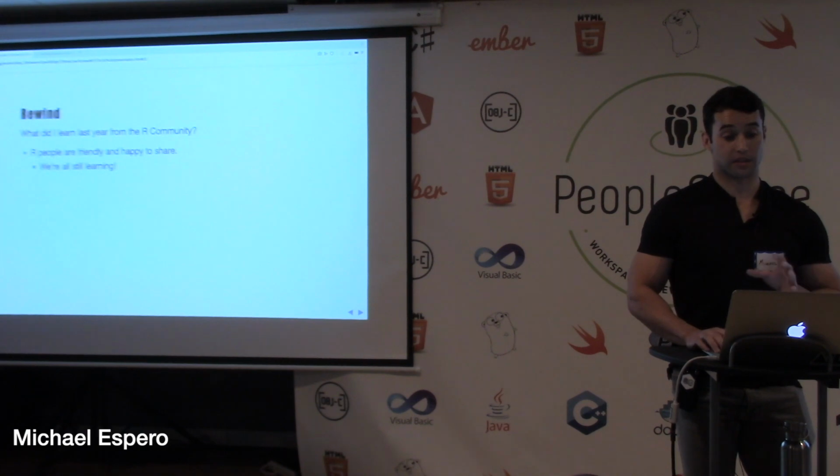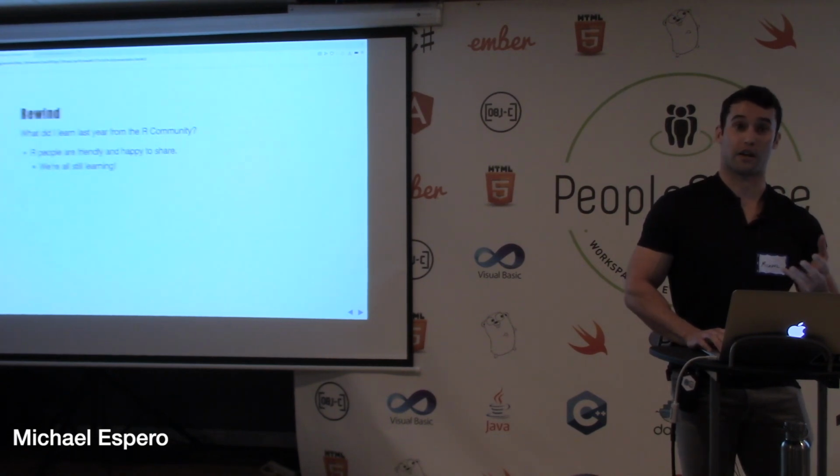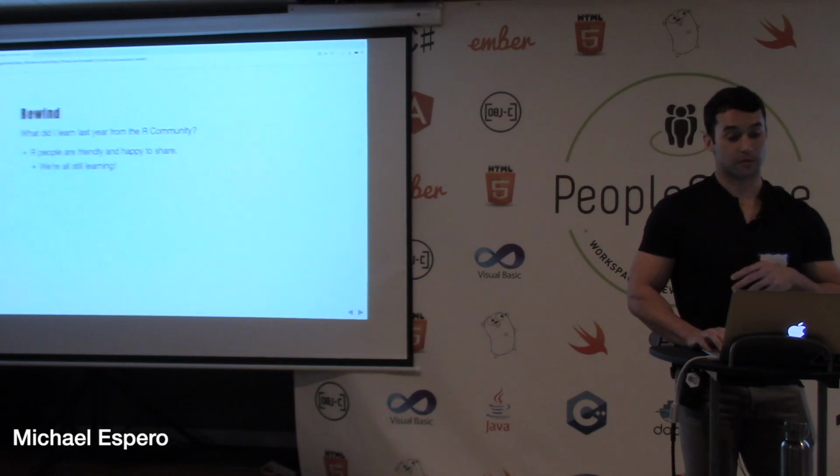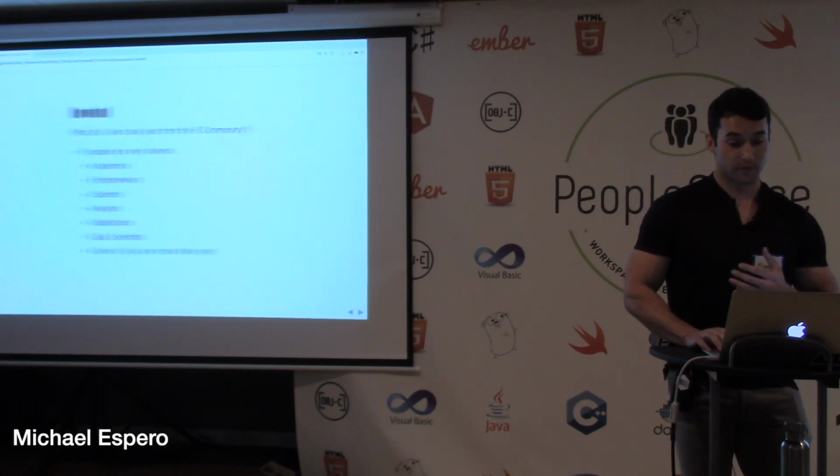So I want to take a moment and look back at last year. I got to attend a few of these meetups, and there were just a few things that I want to remind you of if you didn't pick them up yourself. The R community just seems really, really friendly. I'm really happy to come here and meet with all of you.